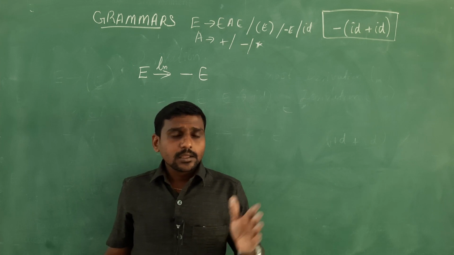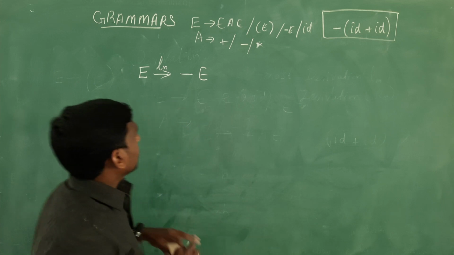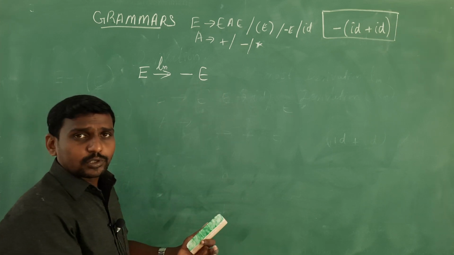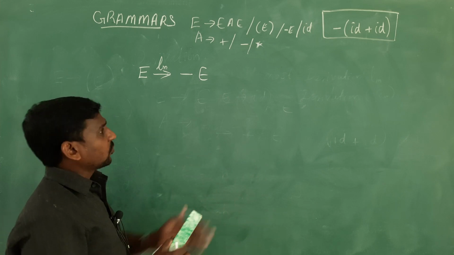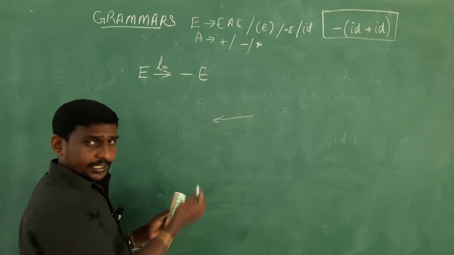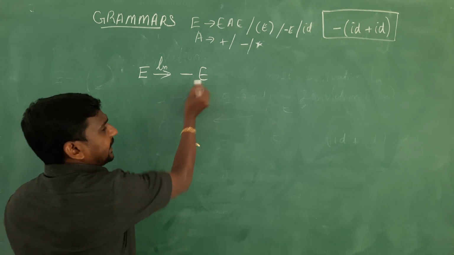Can you understand? We have to derive the variable from the leftmost side. This is the variable, this is the production string, and we derive from the leftmost variable, from here to here. In this production, E is the variable.